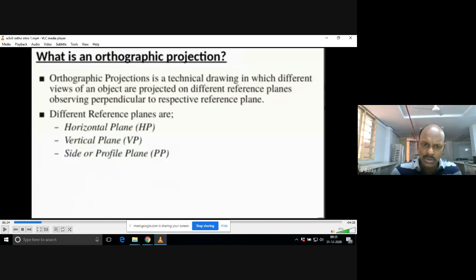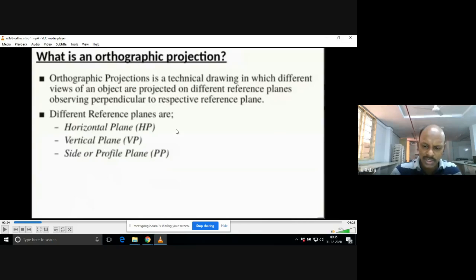It is not possible in one view to tell. So at least we require three different views. One view I will draw on HP, one view I will draw on VP, and the other view we will draw on the profile plane. So three different planes are required to project these views.